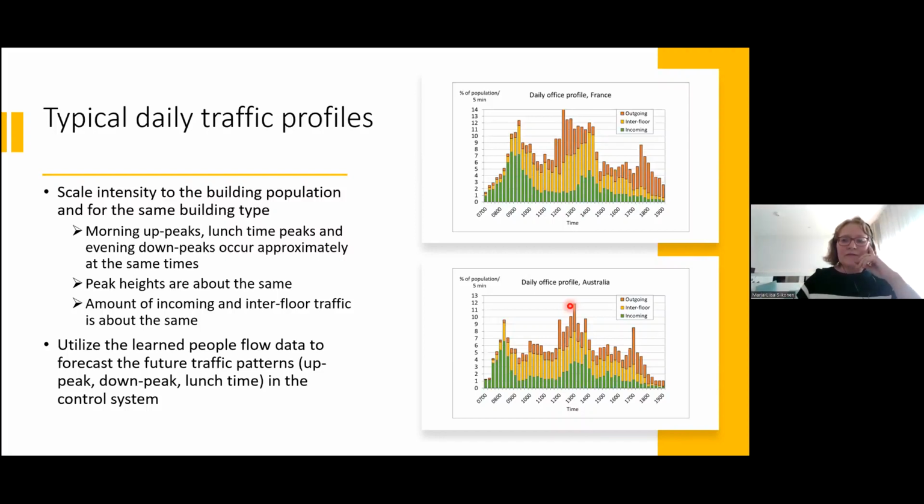And if it's a headquarter type of building, there is a lot of interflow traffic, this yellow. So this kind of data we received, and this peak traffic, up peak, down peak, and lunch time peaks have been used in elevator design later on.